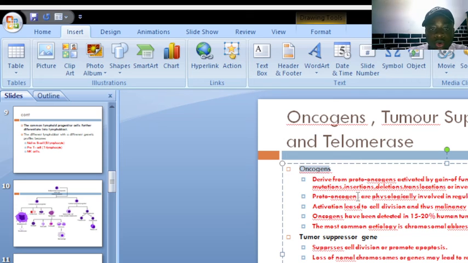So proto-oncogenes do not cause malignancy, but when they are activated into oncogenes, the oncogenes will facilitate cell division, and may lead to clonal expansion and therefore malignancy.